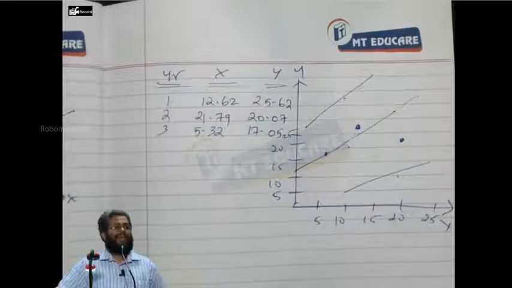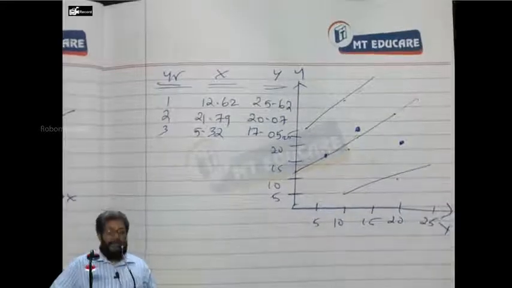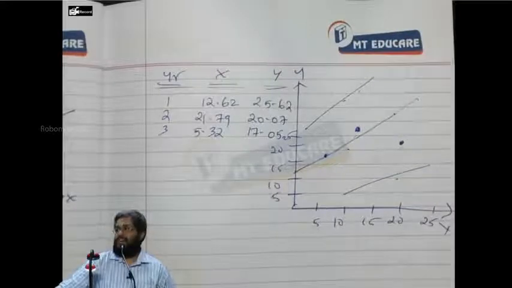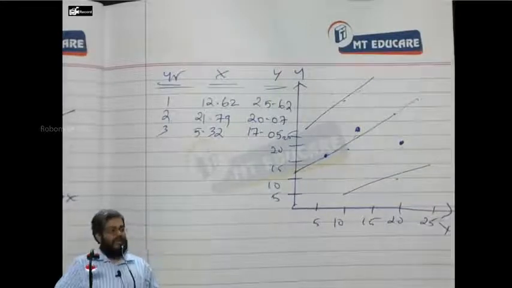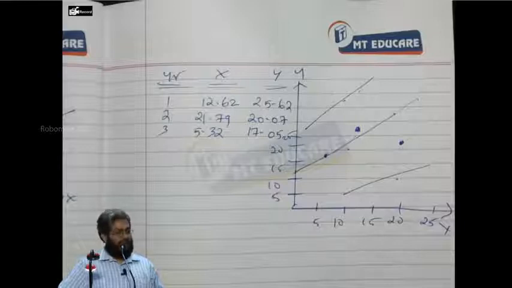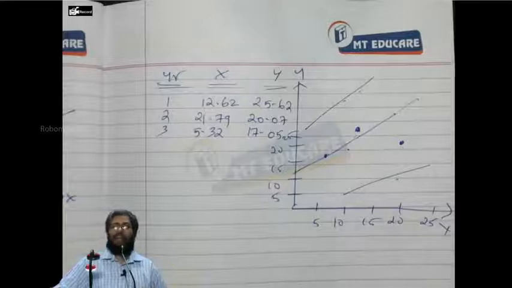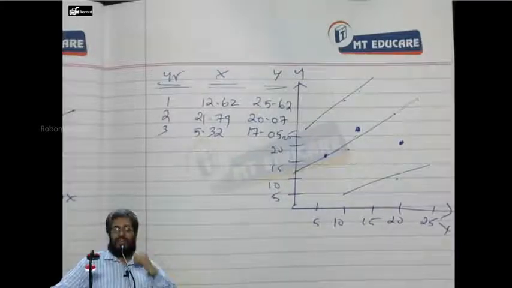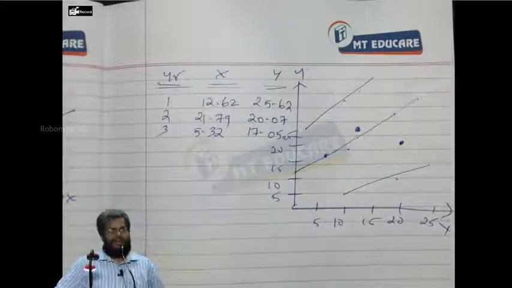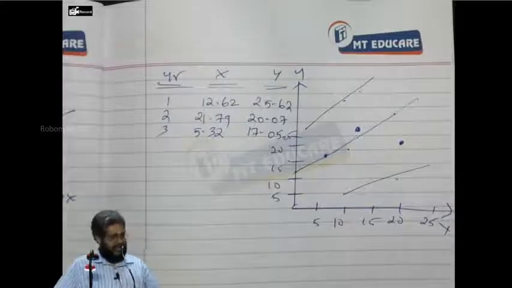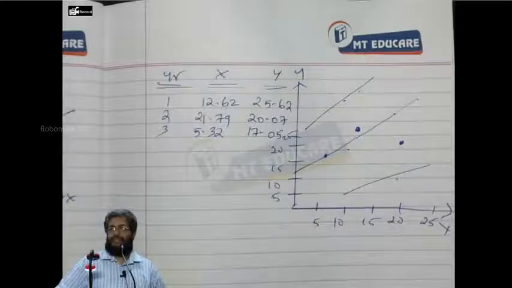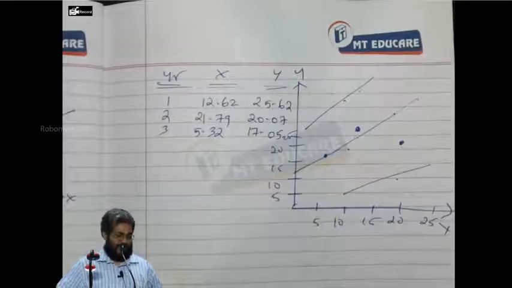This line can be discovered using what equation? Regression equation. This line can be discovered using the regression equation, which are as follows.